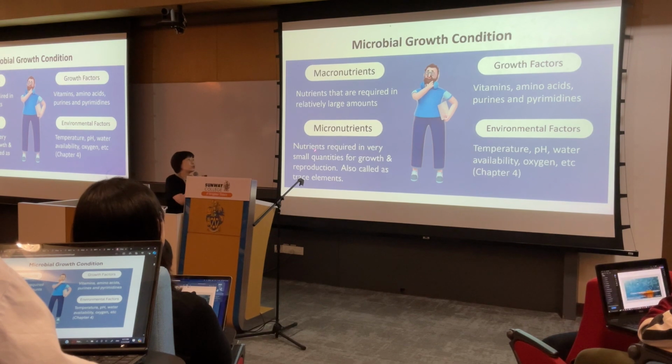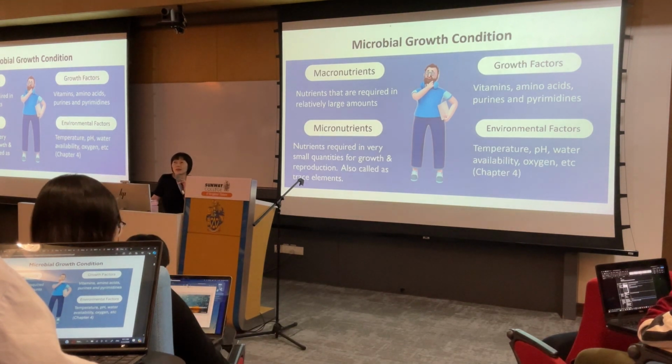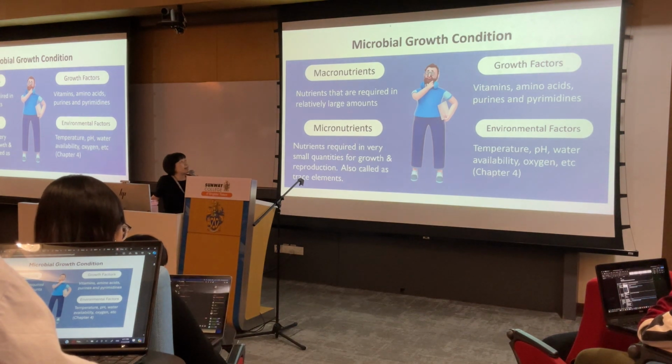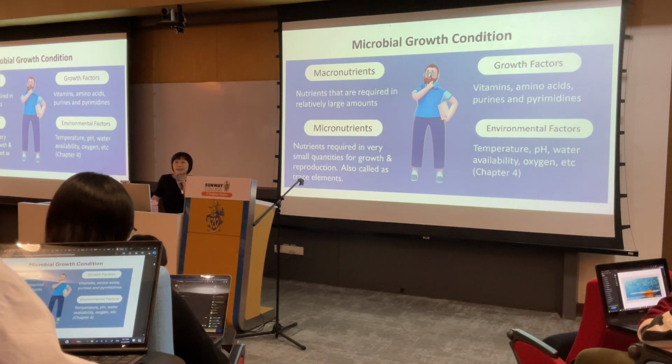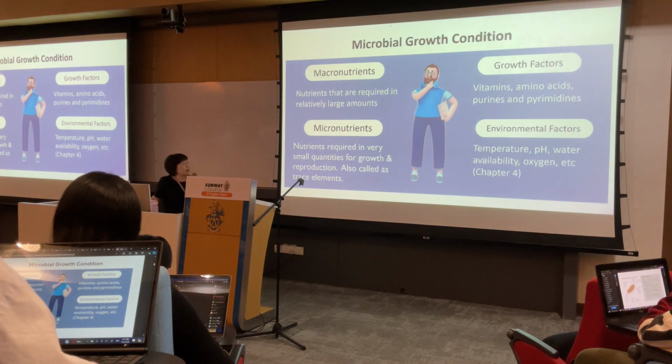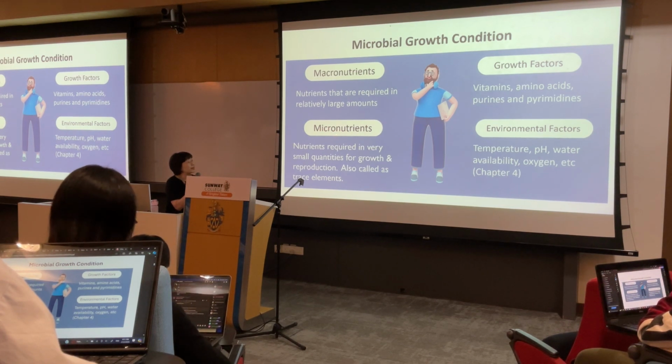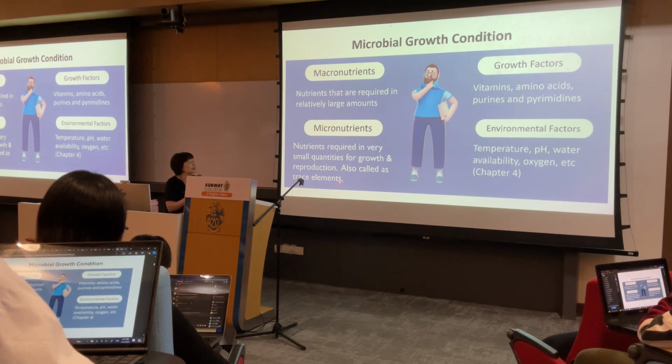And micro, small size molecule? Actually it's not. Macro here means that the bacteria require this type of nutrient in large amounts. If it's micro, it means a small amount is required for the growth of the bacteria. Sometimes it's also called trace elements.